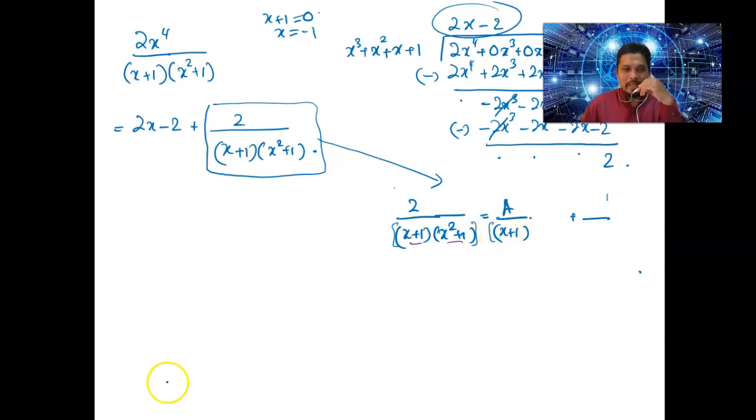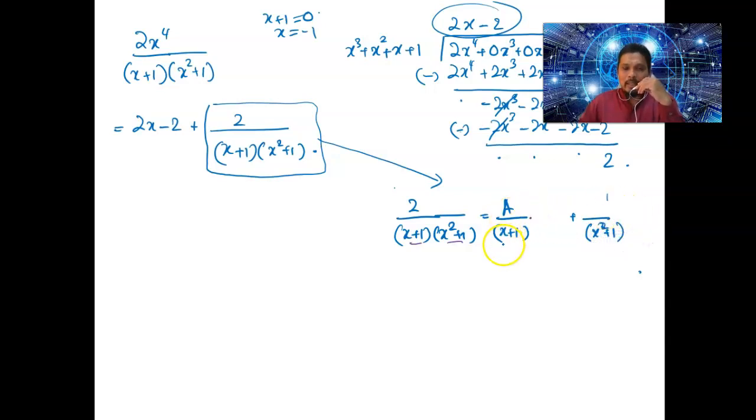A divided by x plus 1, and then this fraction with x squared plus 1.